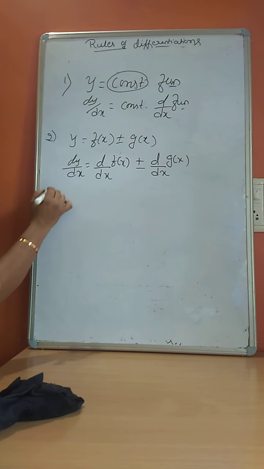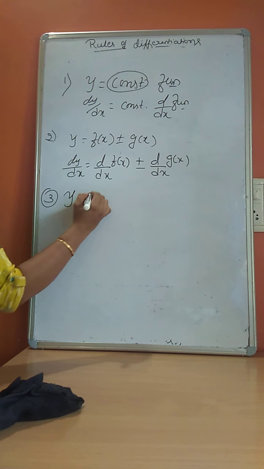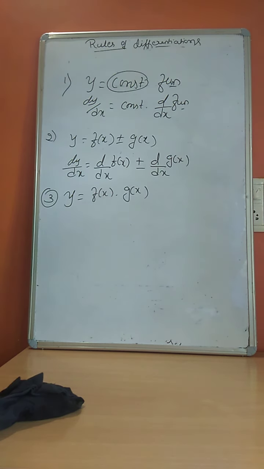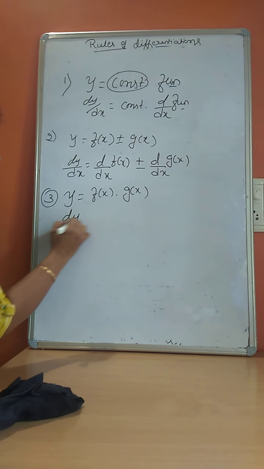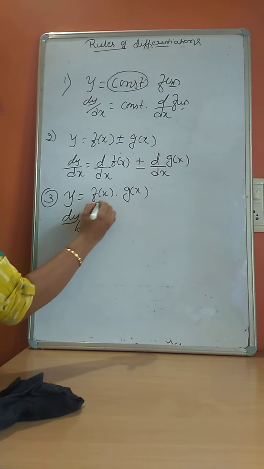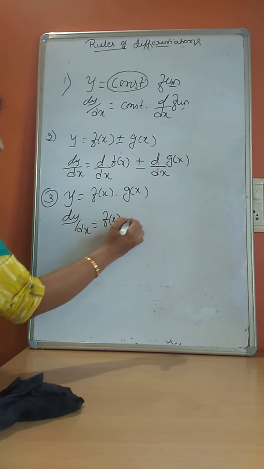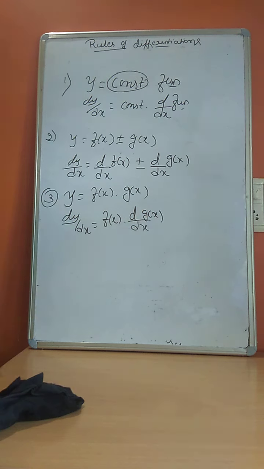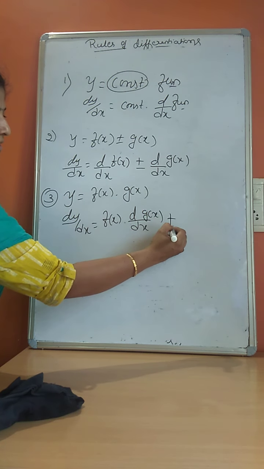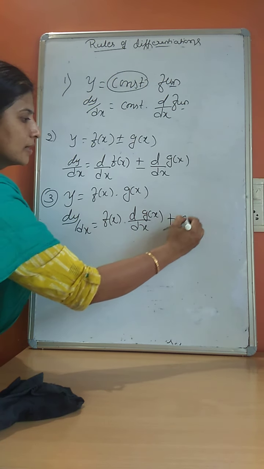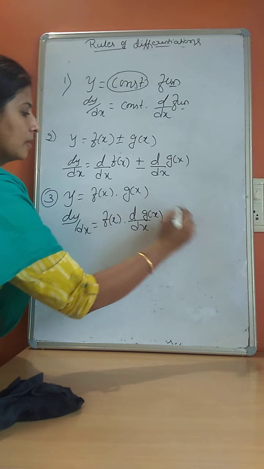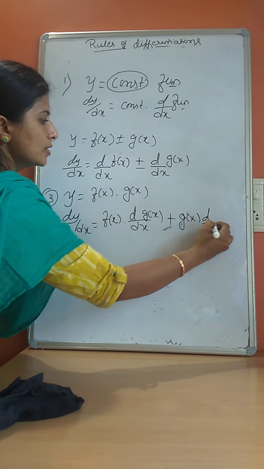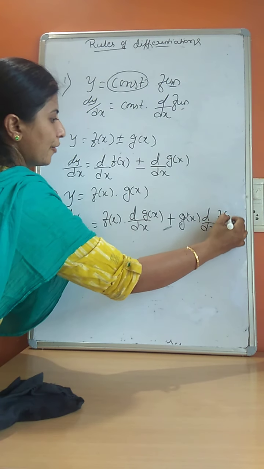Third rule. Suppose y is equal to f of x into g of x. How to differentiate? dy by dx is equal to first function into differentiation of second function plus, here is plus sign, second function g of x into d by dx of f of x.